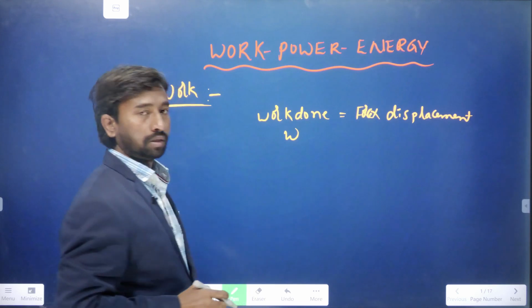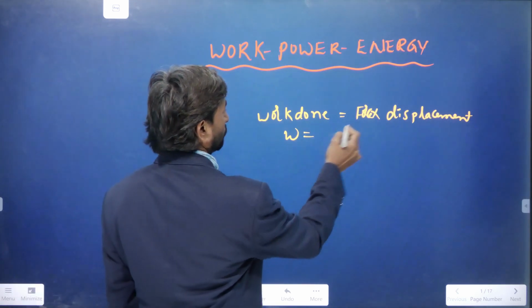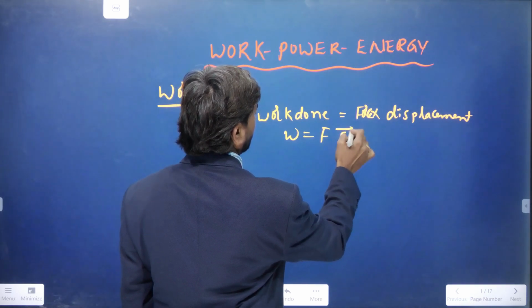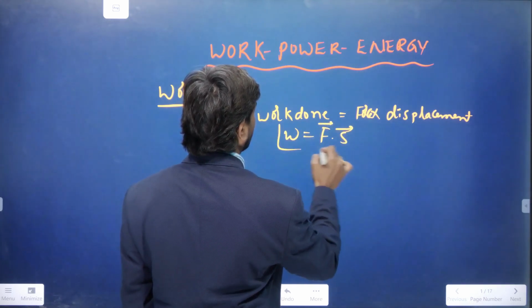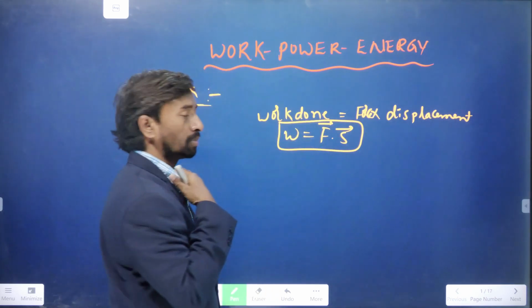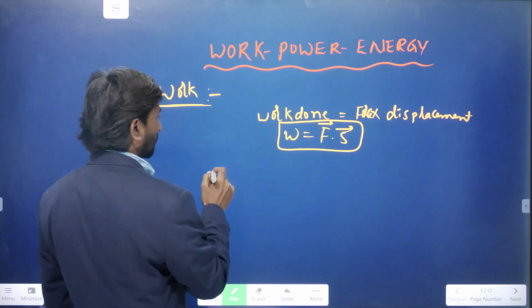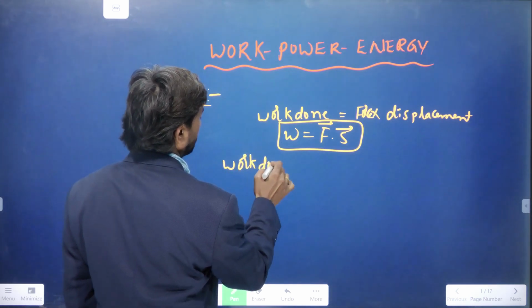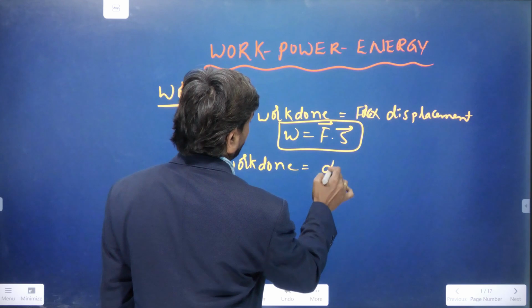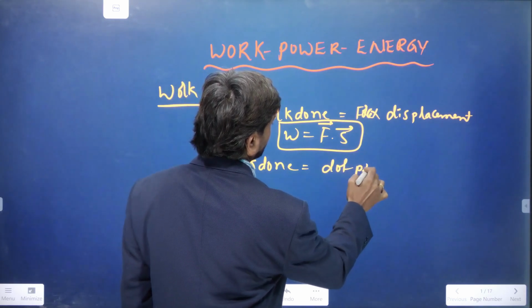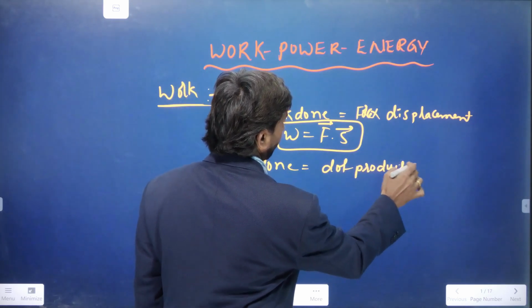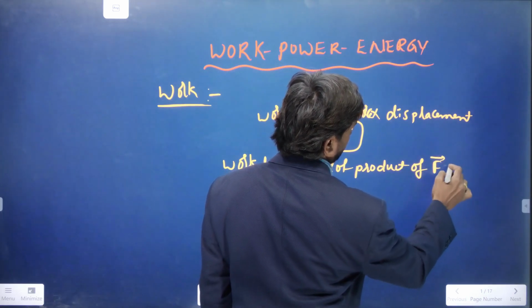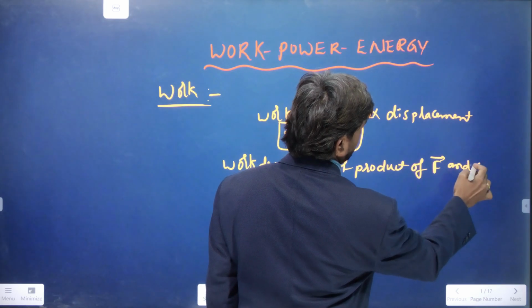Work done is denoted by W, force is denoted by F and displacement is denoted by S, and it is also defined as the dot product of the force vector and displacement vector.